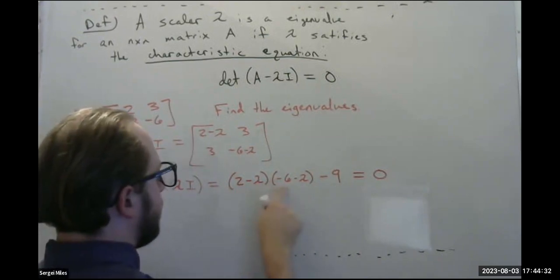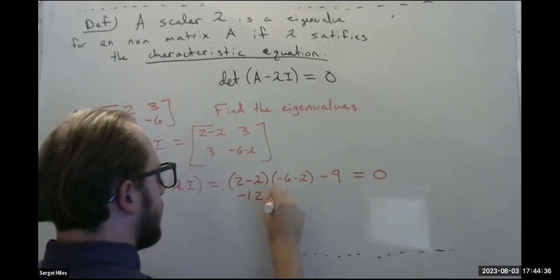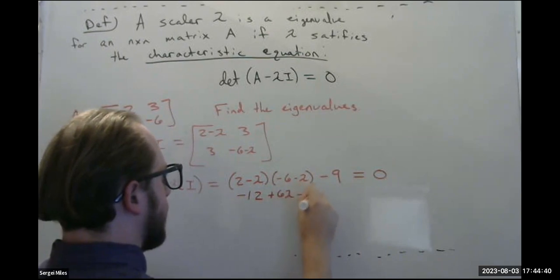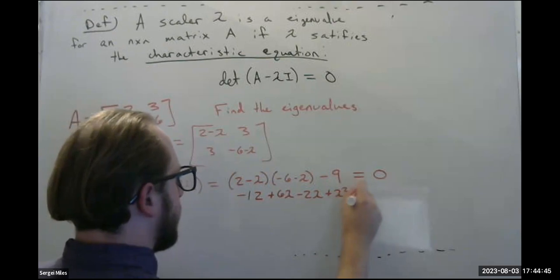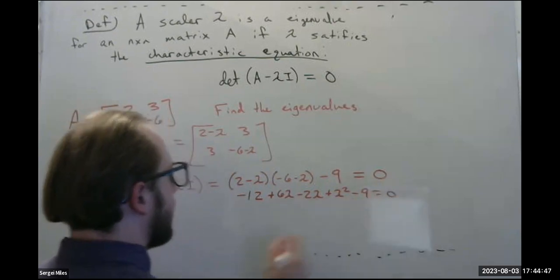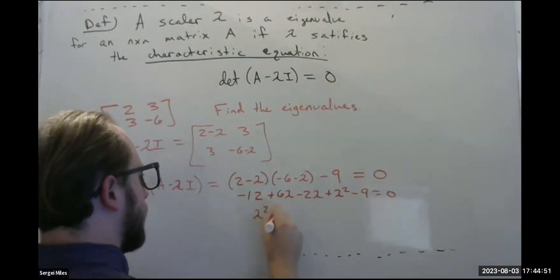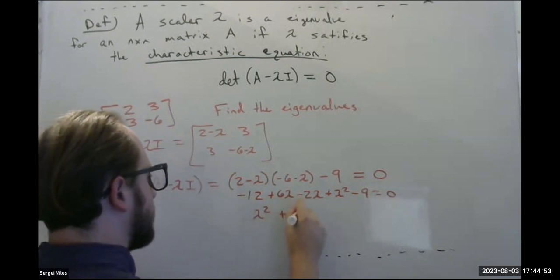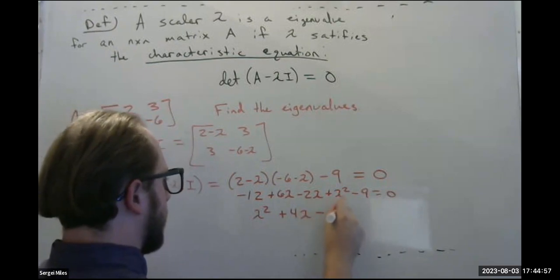So we're going to have -12 plus 6 lambda minus 2 lambda plus lambda squared. We still have the -9 on the outside. In other words, rewrite the order here. We have lambda squared plus 4 lambda minus 21.